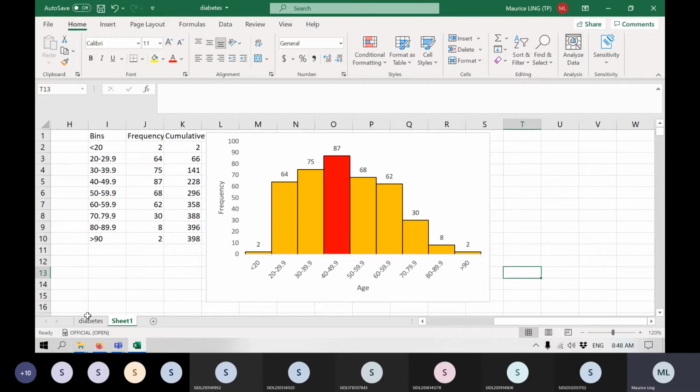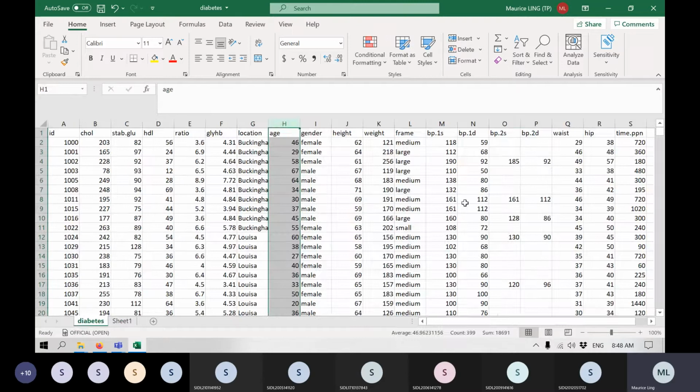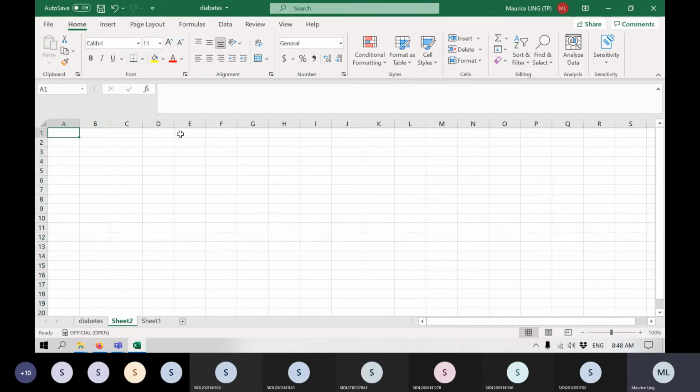Next, we want to do your t-test. Okay, and if you realize that, let's say we want to look at, okay, does the cholesterol average... So let me just find a hypothesis. Okay, let me see.